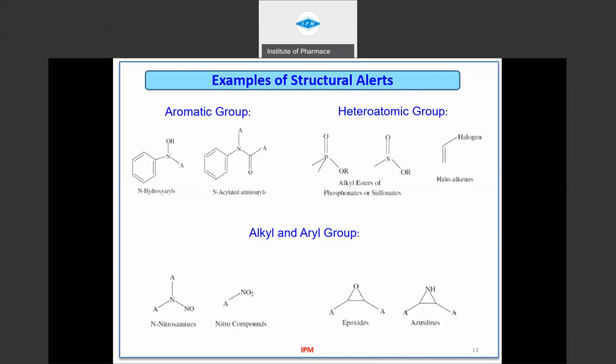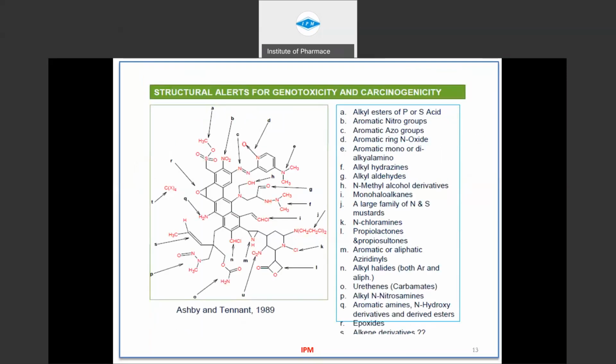Now this change is called mutation, because the basic structure, the inherent structure of the DNA molecule, undergoes change due to this type of reaction at the base pair. So all these are reactive molecules, and if any of this functional group is present, then that impurity is treated as potential genotoxic impurity.